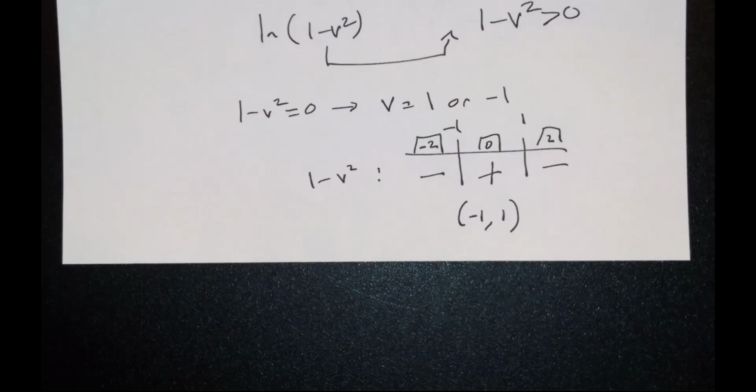Now, I've got the V piece. I've got the logarithm piece. What was the domain for our V piece? I'm sorry, V, not W. Where did W come from? Wrong problem. V. What was the domain for our V piece? All real numbers. And then what am I doing with those two pieces? What operation?